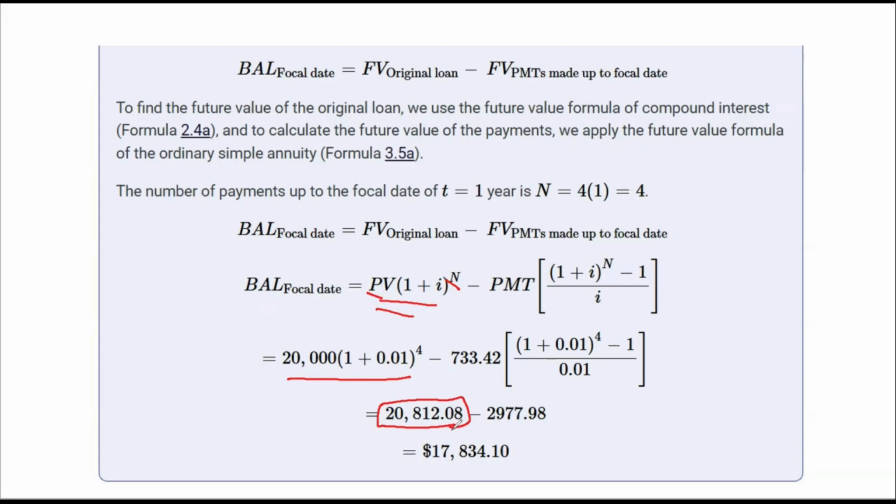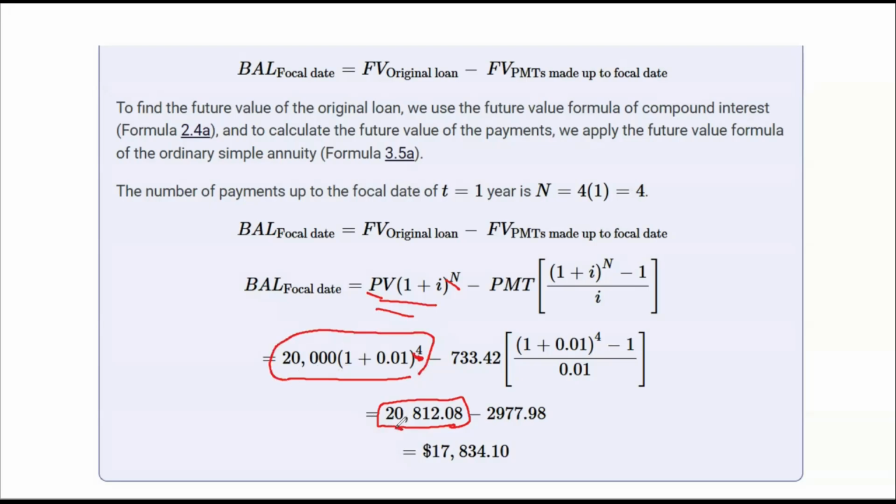Sorry, it's not 4 years. It's 4 times per year, 4 compounding periods. Sorry about that. And the interest rate was, remember, 1%, so 1/100 is 0.01. So that's what you owe them at the end of a year.